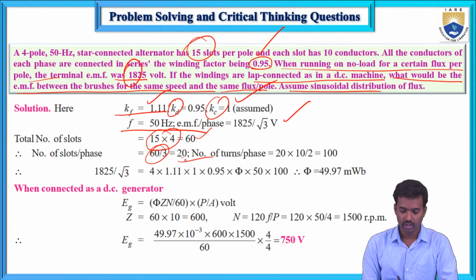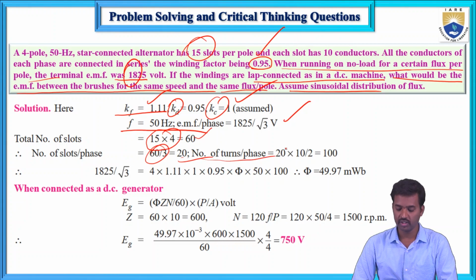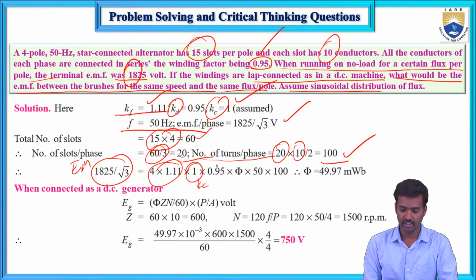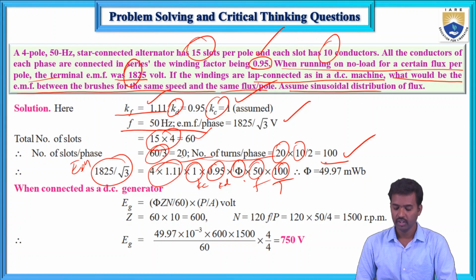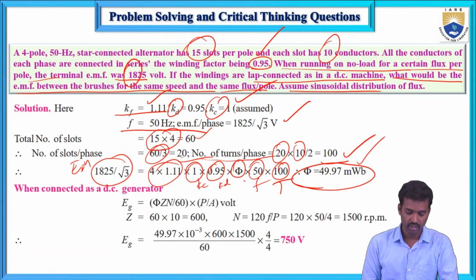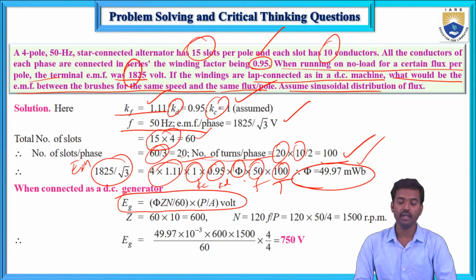Next, the number of turns per phase is 20 into 10 by 2, which equals 100. Now you can calculate the EMF per phase: E phase equals 4.44 into KC, which is 1 for full pitch, into KD, into the flux, the frequency, and the turns. From this you can calculate the flux per pole, which equals 49.97.